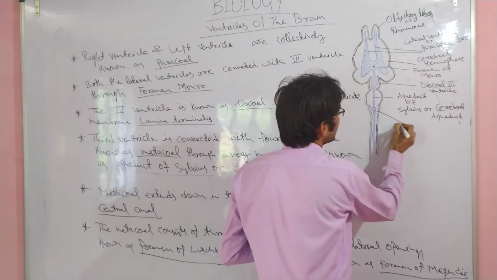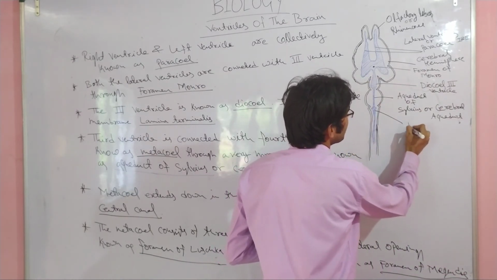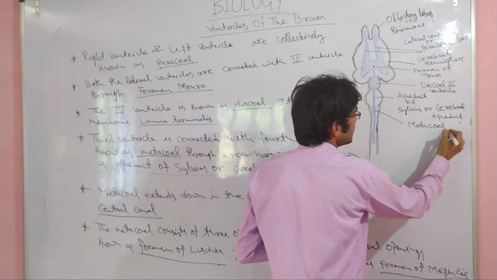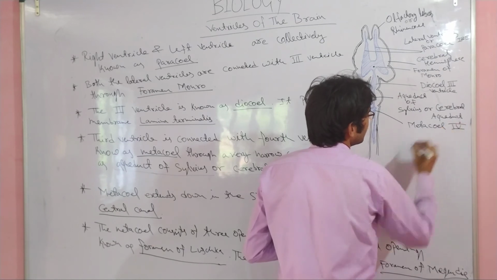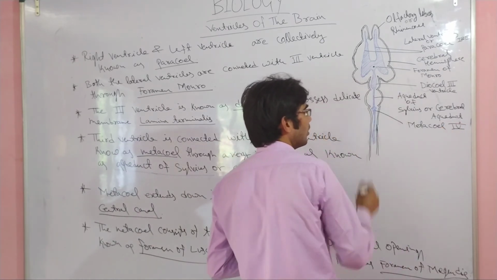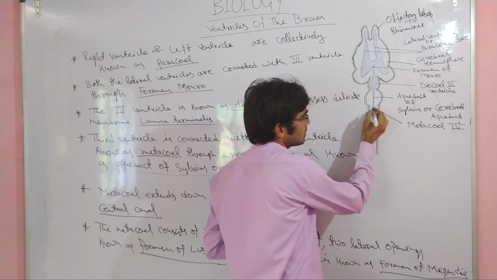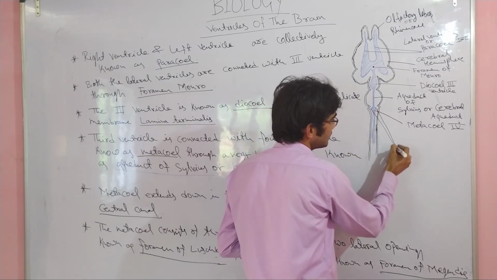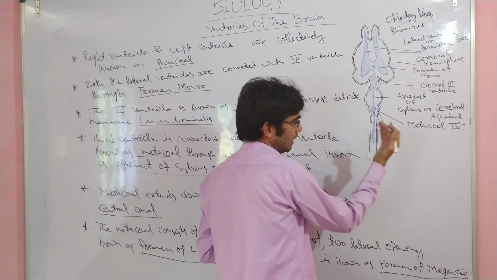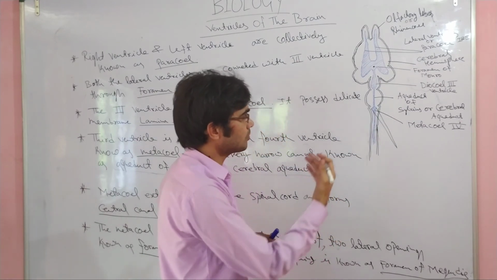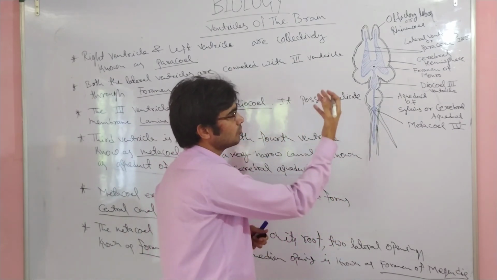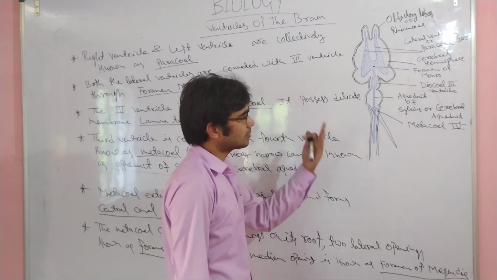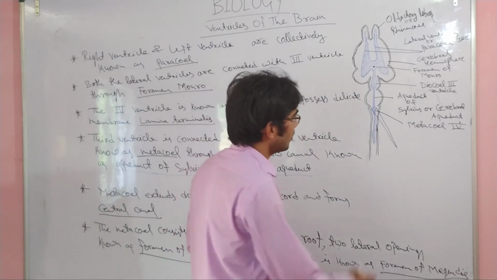Now this one is the fourth ventricle, and this is known as metacele, the fourth one. It is lying in the medulla region. It possesses lateral openings here. These lateral openings allow the upward movement of cerebrospinal fluid into the subarachnoid space in the brain and spinal cord.